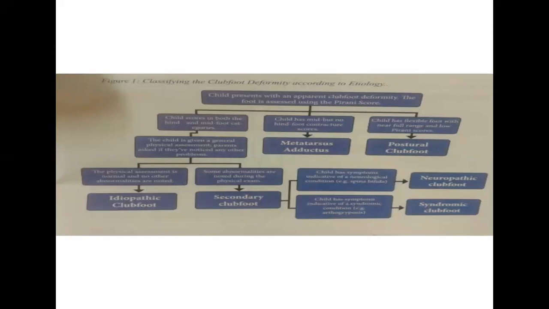The child is given a general physical assessment, and parents are asked if they have noticed any other problems. This is divided into two: first, the physical assessment is normal and no other abnormalities are noted; second, some abnormalities are noted during the physical exam. Idiopathic clubfoot and secondary clubfoot.